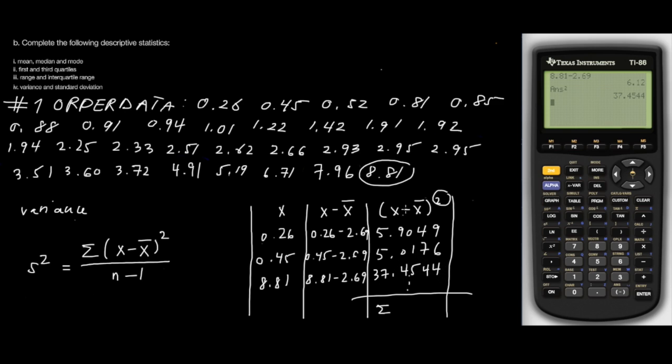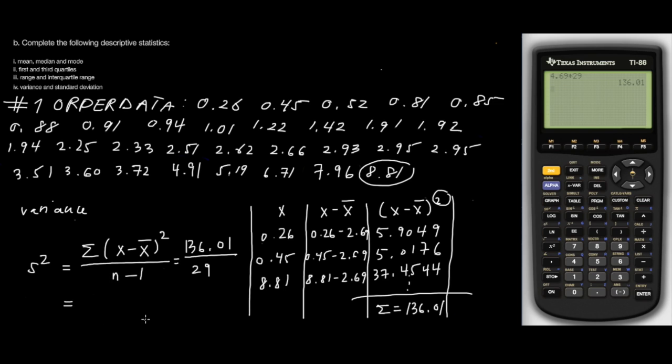And at the very end, we would add this entire column up right here. And the sum of this entire column would give us a total of approximately 136.01. So we'll take this up here. 136.01, which we will divide by 29, which is our sample size of 30 minus 1.